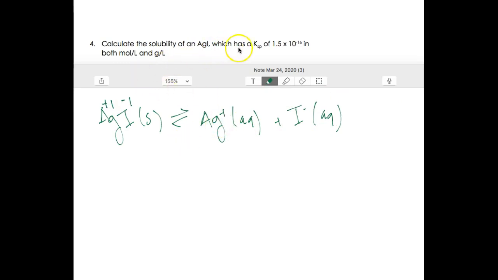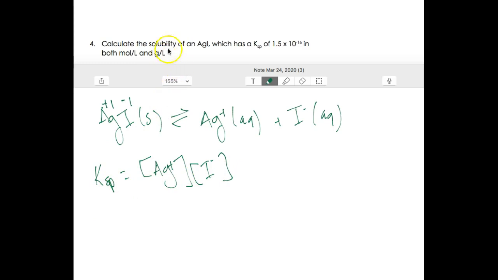And it says that the KSP is given to us. So let's say that we don't really know what to do. The first thing we could do, the only thing we could do is just set up our expression. So that's what we're going to do. KSP is equal to the concentration of silver times the concentration of iodide, right? It's a 1-to-1 ratio. You don't include the solid.